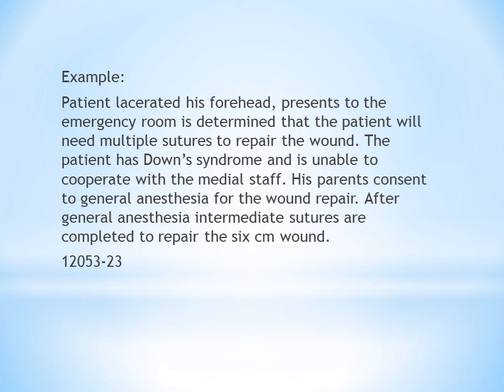So the patient has a laceration on his forehead and needs multiple sutures. The additional point given is that the patient has a developmental abnormality, Down syndrome, and is unable to cooperate with the medical staff, so GA was given. The procedure performed is an intermediate suture of 6 cm on his forehead.